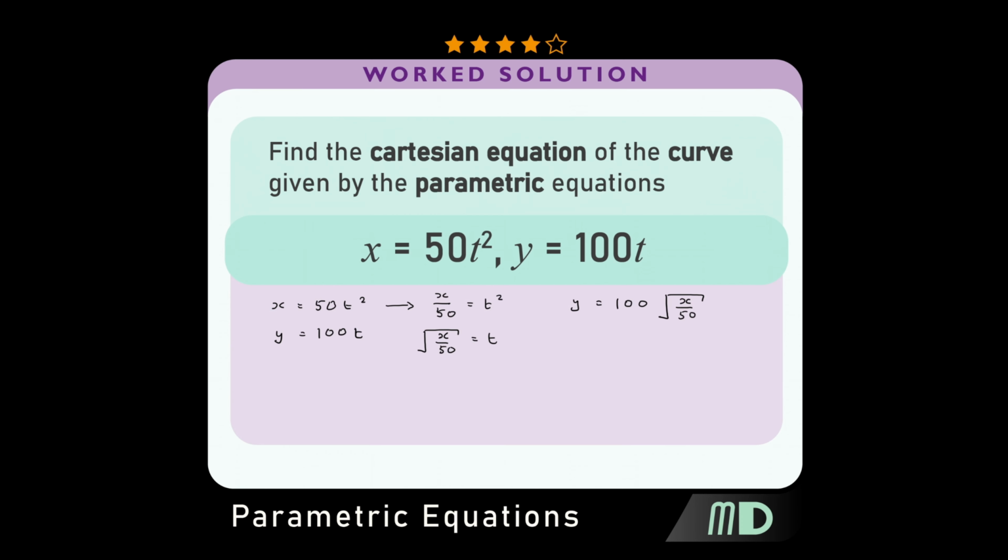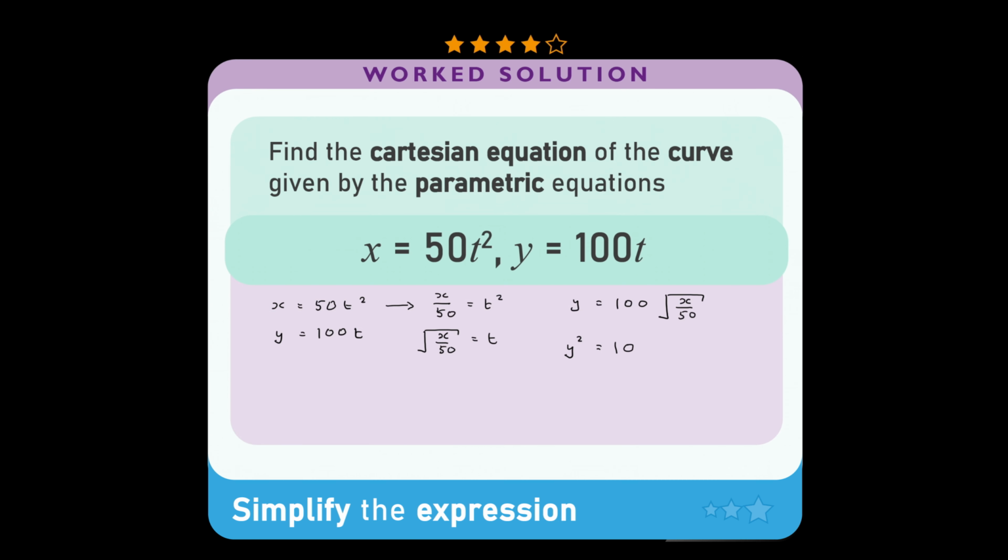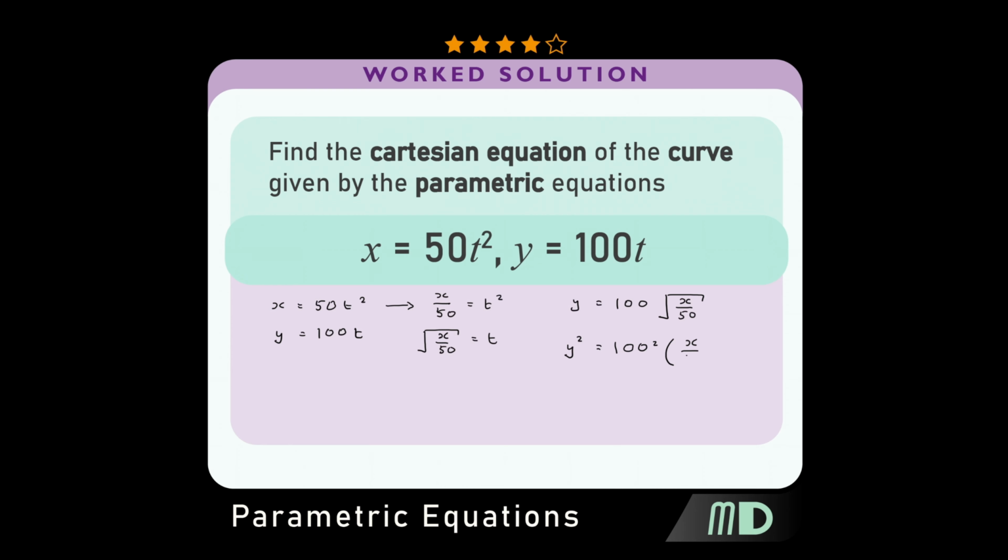As an optional fourth step, we can square both sides to eliminate the square root, giving us y squared equal to 100 squared multiplied by x divided by 50. And 100 squared is 10,000, which, divided by 50, is 200, giving us the final solution, y squared equal to 200x.